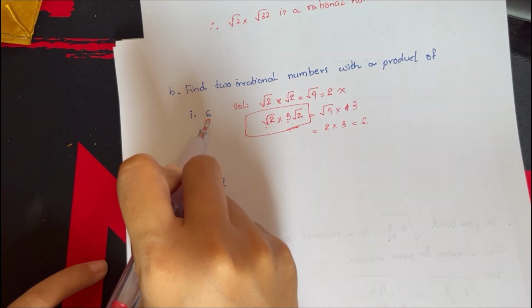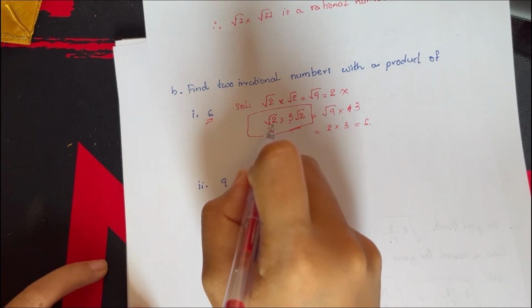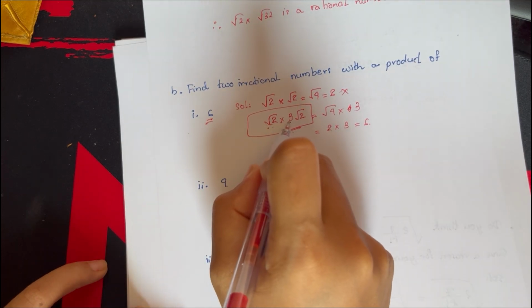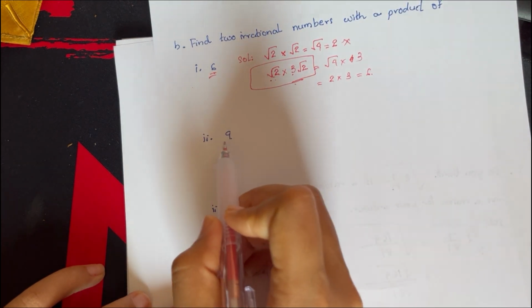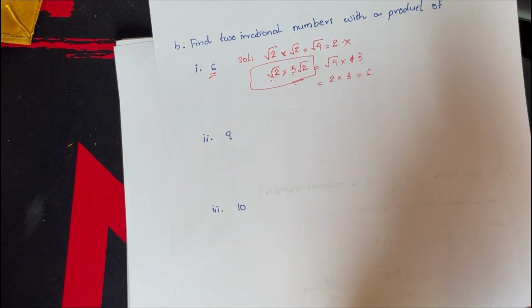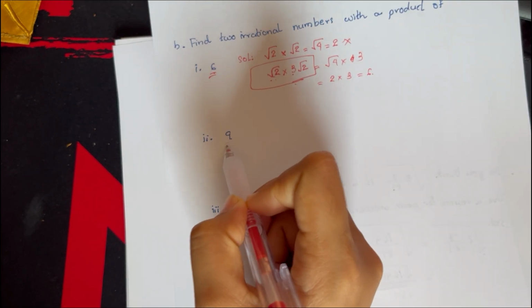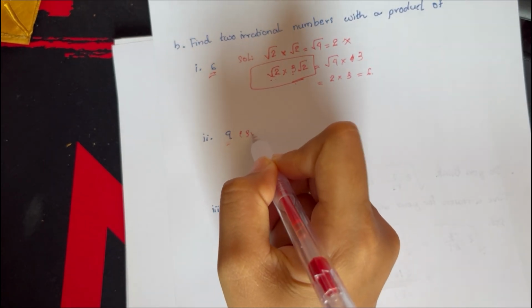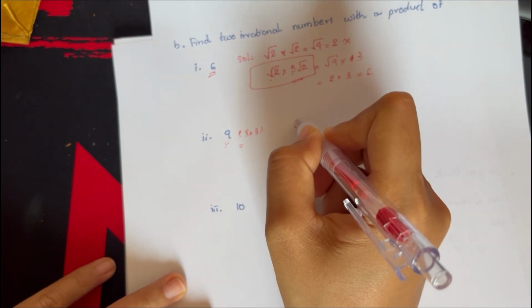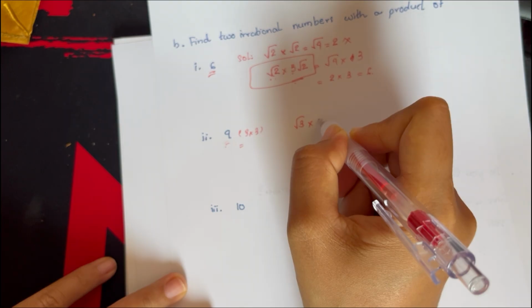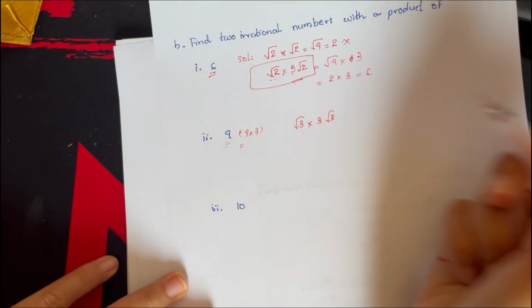If we want to find 6, the two numbers root 2 and 3 root 2 must be multiplied. And to get 9, let's think about 9. To get 9, the answer is 3 multiplied by 3. So we will do it like that: root 3 multiplied by 3 root 3.